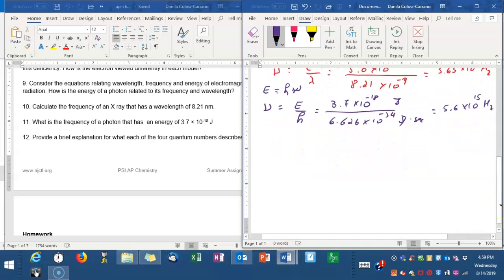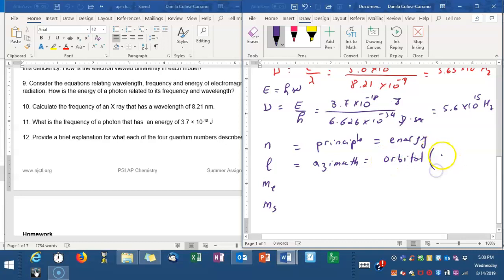And 12: provide a brief explanation for what each of the four quantum numbers describes. So you have the number n, you have L, you have ML, and you have MS. N is the principal quantum number, which is the same as energy level. Then L is the azimuthal quantum number, which is the same as the orbital.